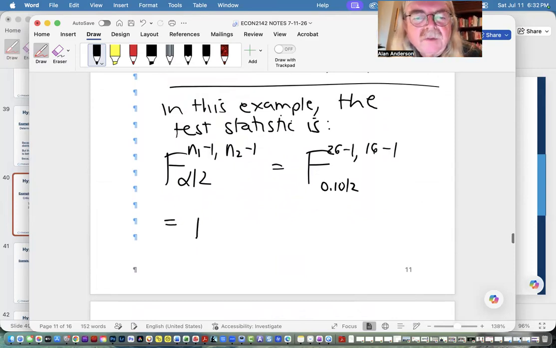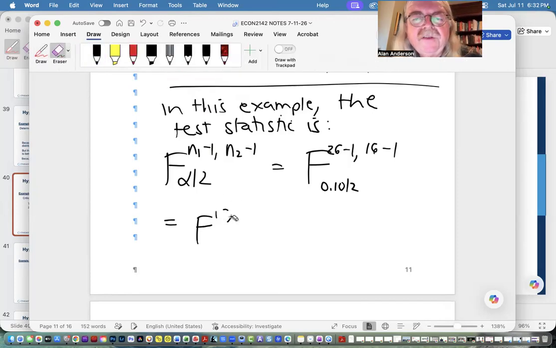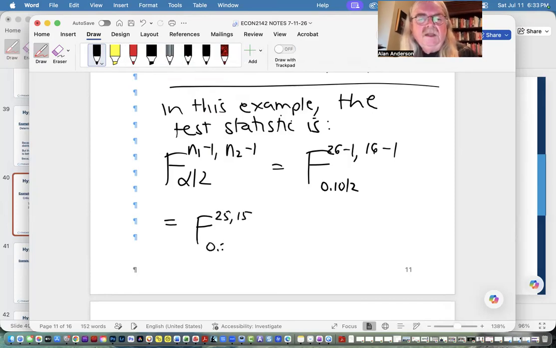So we end up with 25 and 15 degrees of freedom, with 5% in the tail area.